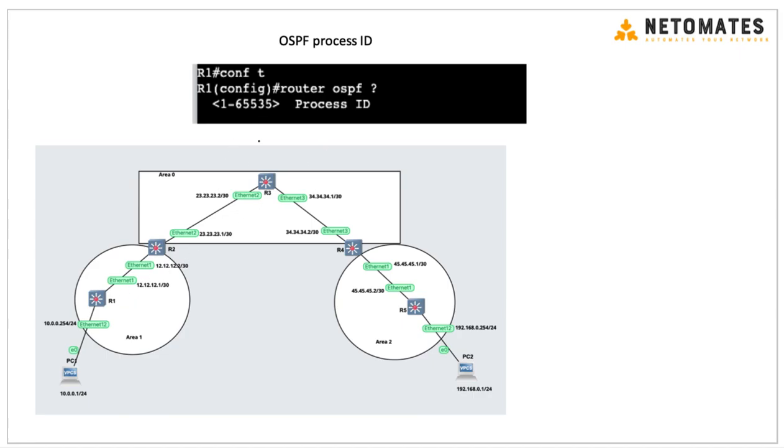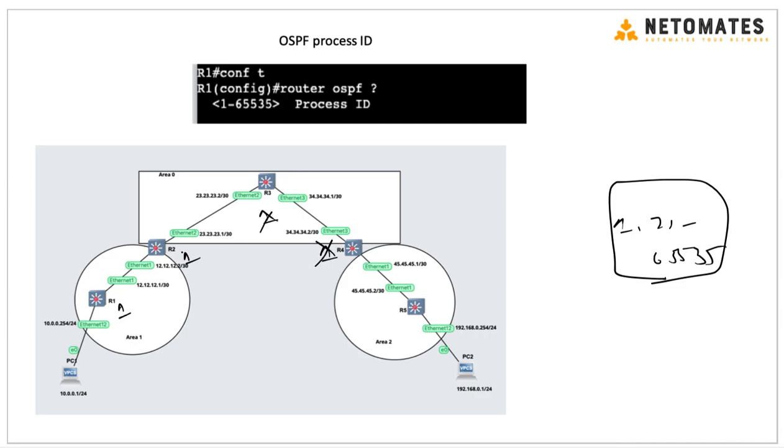For example, on R1 you can just give 1 or 2 or anything up to 65535, any number; that does not matter. The number does not need to match between all the routers in the network. So if you give 1 here, that does not mean you have to give 1 everywhere in this network. No, you can give any process ID on any router.